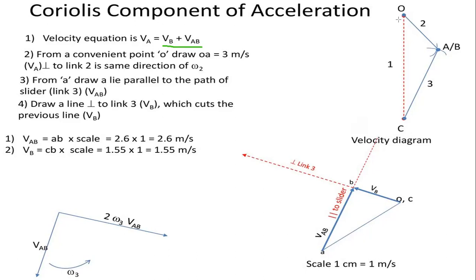Then we are going to find the velocity of AB and the velocity of B. So we are going to find these two lines. First of all, the velocity of AB is taken as AB into scaling, that is the measurement of the scale. The AB length is 260 mm, that is 2.6 meters, into 1, that is 2.6 meters per second.